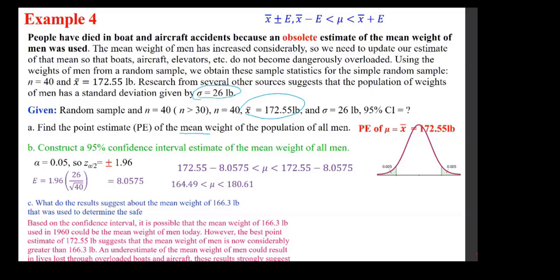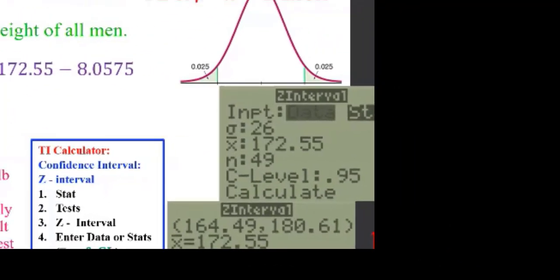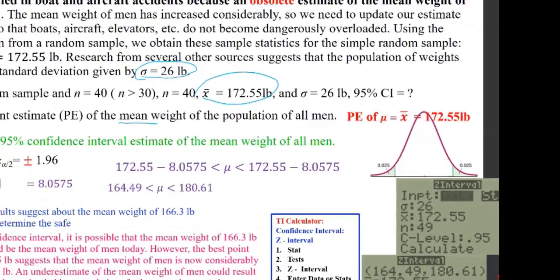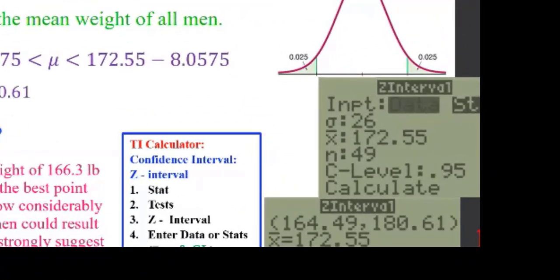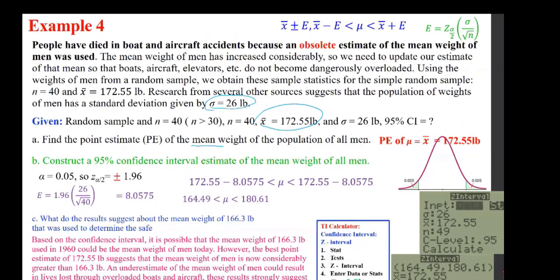These results strongly suggest that additional data should be collected. Quickly look at technology and how it's taken care of in case. I put those so you can have a chance to look at it and compare and see that technology can be used if need be. That's taken care of. We're going to go to the next one.